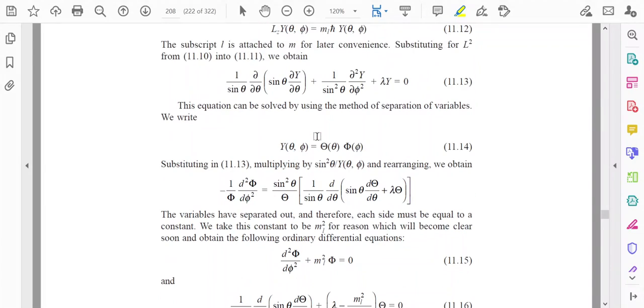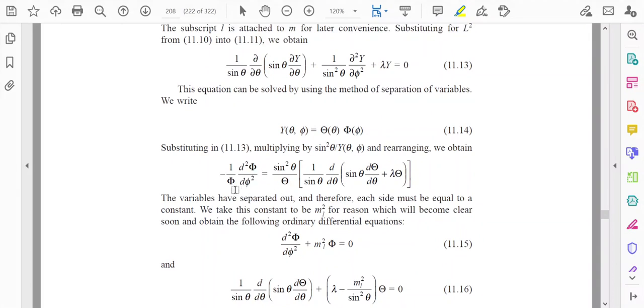So our aim is to separate equation 11.13 into two different equations. On the left hand side the equation involves phi, and on the right hand side only theta is involved. The variables have separated out, and therefore each side must be equal to a constant, and we take this constant to be ml square.